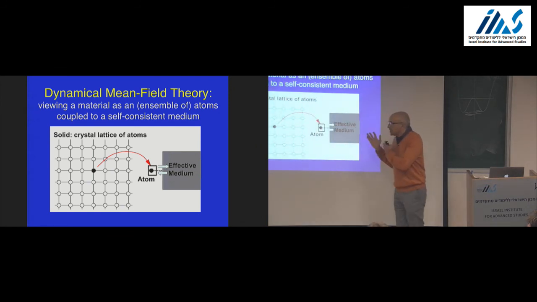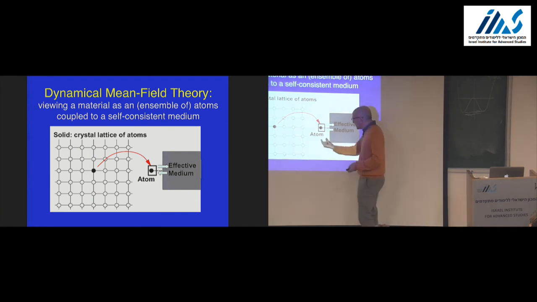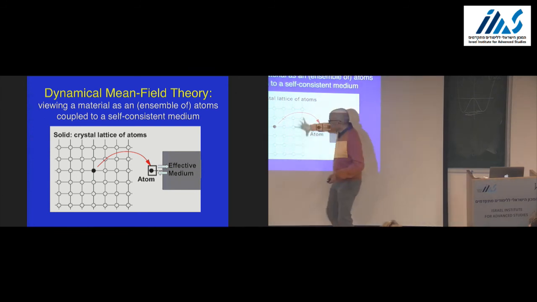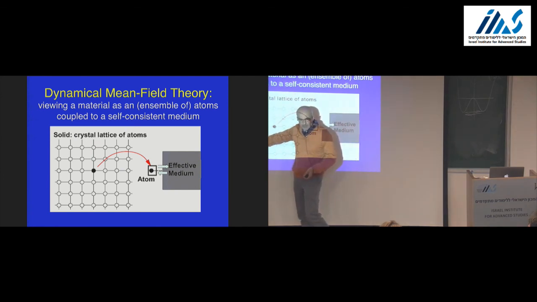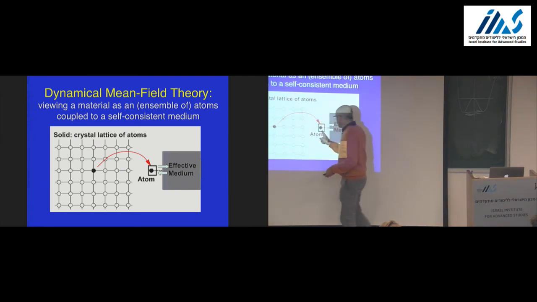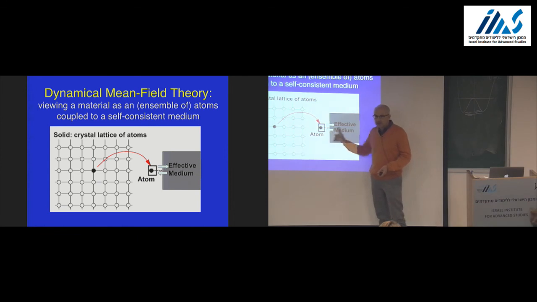Okay? And this Weiss field H effective is related to the magnetization on the neighbors, right? So can we introduce exactly the same concept in the context of a quantum many-body problem like that? Well, we can. What we have to do is replace this problem by my atom coupled to an environment, which will, of course, be all the rest of the system self-consistently, with which it can exchange electrons.